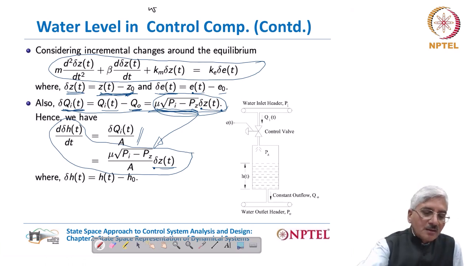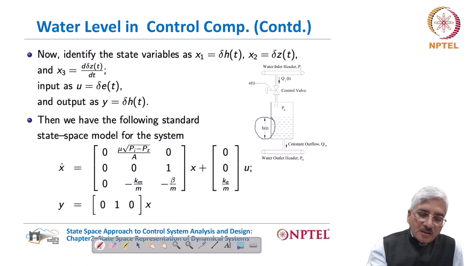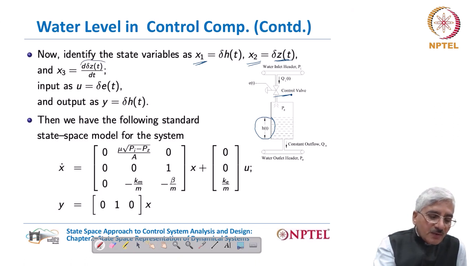And then the rest is to identify the state variables and to express the system in the standard state space form. So what we do is we identify the change in liquid height delta H as the first state, the change in valve position with respect to its equilibrium position delta Z as the second state, and the speed of the valve as the third state.